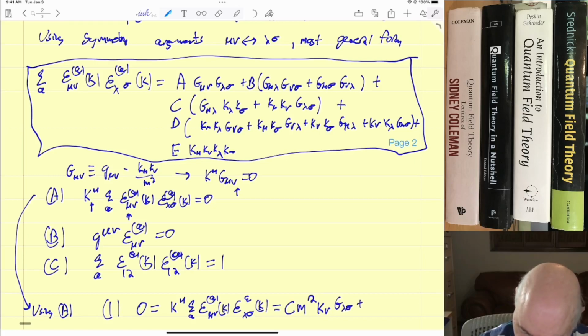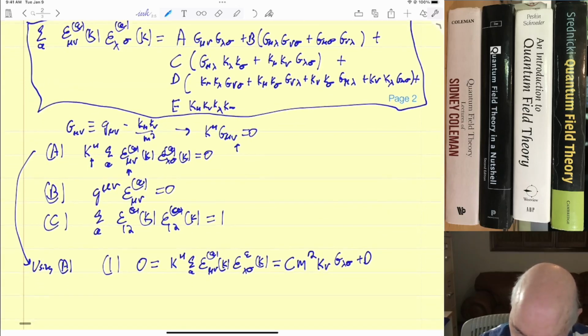And now I'm going to get plus D. Again, the k mu is m squared, so I'm going to get D times m squared k lambda g nu sigma plus, and again I'm going to get m squared k sigma g nu lambda.